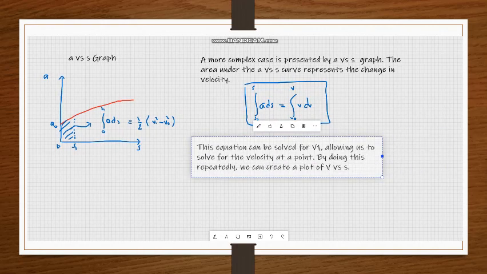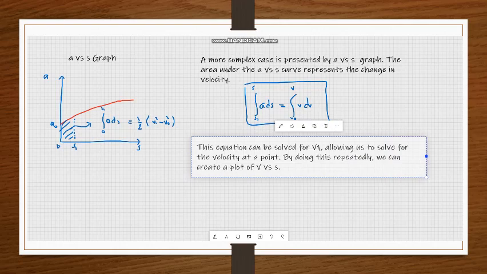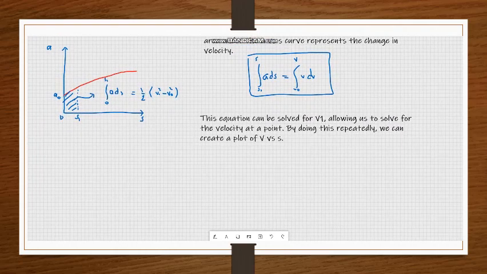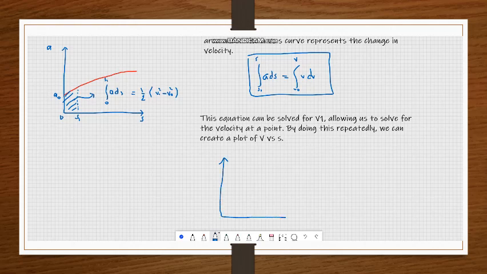So if we do this repeatedly, making it the integral, then we can plot our velocity versus position graph, S and velocity, this way.